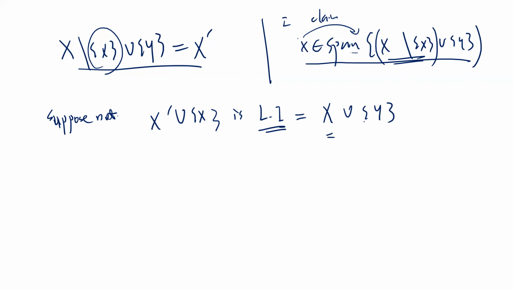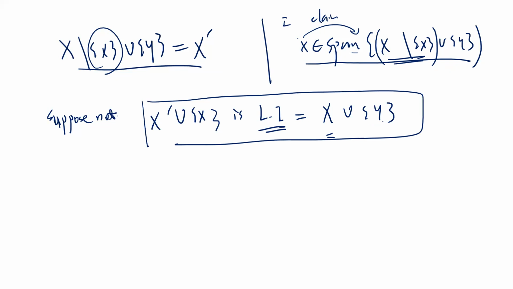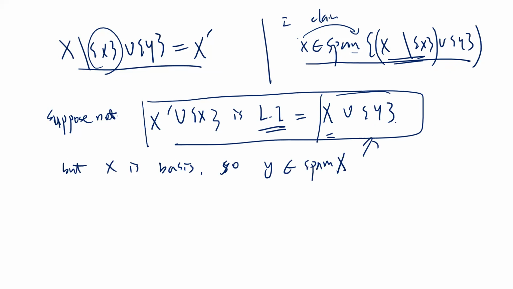So you say that X union Y is a linear independent set, but the problem is that X is a basis, right? So Y must be in the span of X. So this set cannot be linear independent, which is a contradiction.